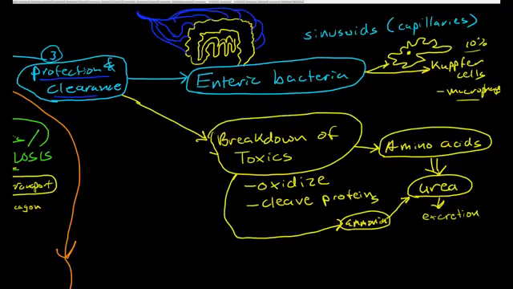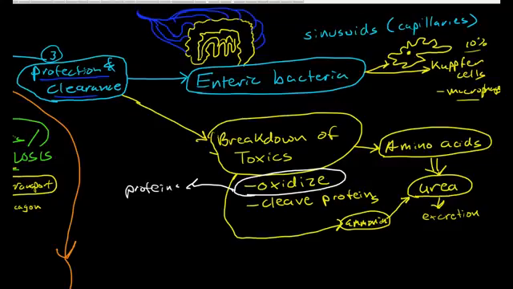Now, interestingly enough, since one of the central ways that the body breaks down toxins is by oxidizing them, remember, oxidation via free radicals can damage and break down proteins.